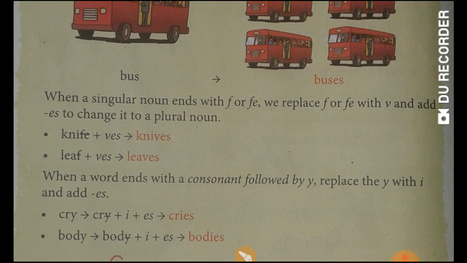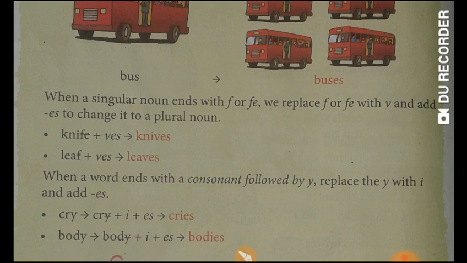Now the third rule is if a singular noun ends with f or fe, we replace f or fe with v and add es to change it to a plural noun. Means if a word ends with f or fe, we remove f or fe and add ves to make its plural. For example, knife.